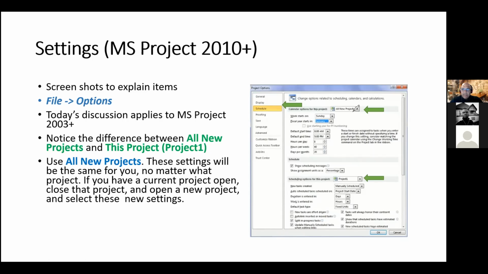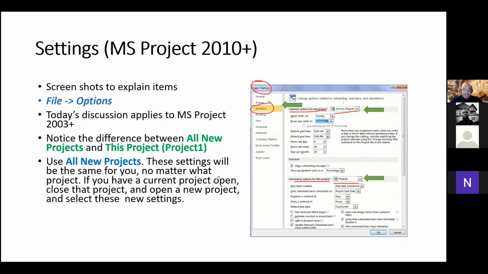There's all new projects, and there's scheduling options for this project, and calendar options for this project under the schedule section in the project options display box. There's a big difference between these two, so you have to pay attention.